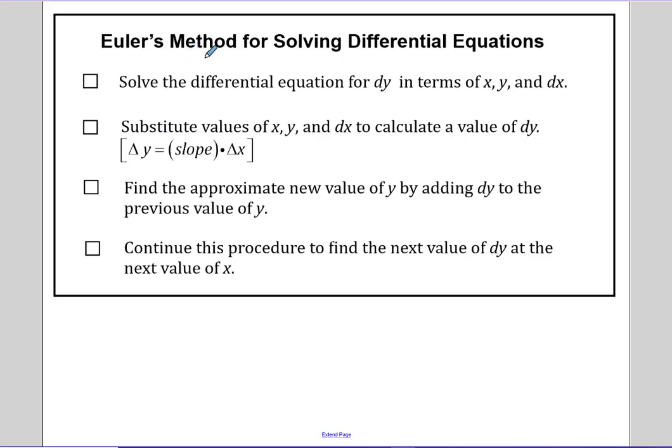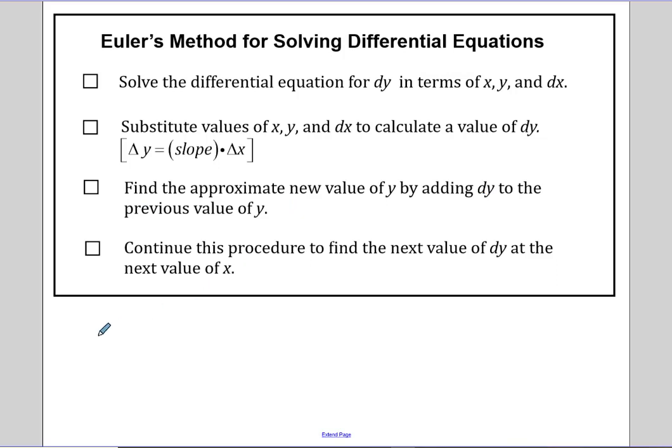So here we have Euler's method. We can solve the differential equation for dy in terms of x, y, and dx. And we can substitute values of x, y, and dx to calculate a value for the change in y. And the change in y is going to be the slope times the change in x. And we found the approximate new value of y by adding the change in y to the previous y value.